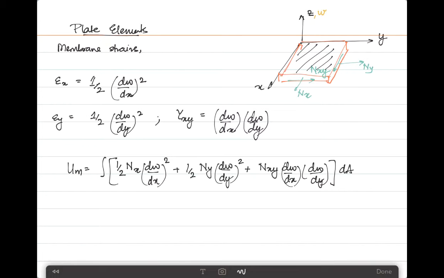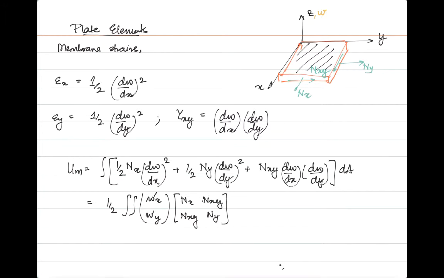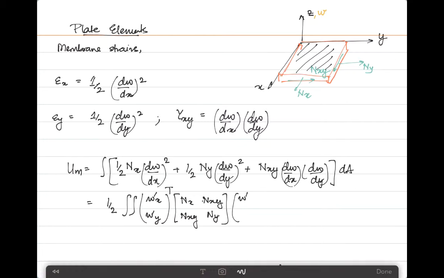I can also write this in a vectorial and matrix format, where I would have half of a double integral, so I can get the half out from this equation, half of the double integral of, instead of writing dW dx, I'm going to write it as w dash of x and w dash of y times the load that is acting, so Nx, Nxy, Nxy, Ny, times, so this is transpose, times w dash x and w dash y.